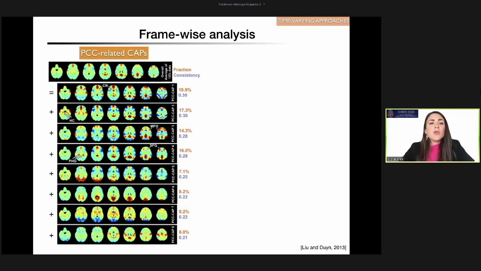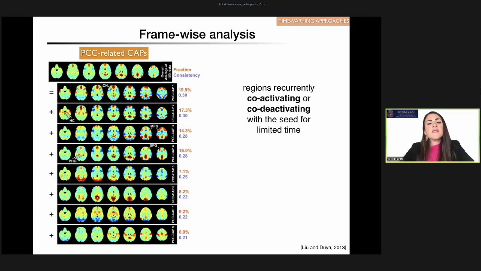And here we show the PCC-related CAPs as posterior cingulate cortex was chosen as seed. And these patterns include regions recurrently co-activating or co-deactivating with the seed for only brief moments, so for a limited amount of time.